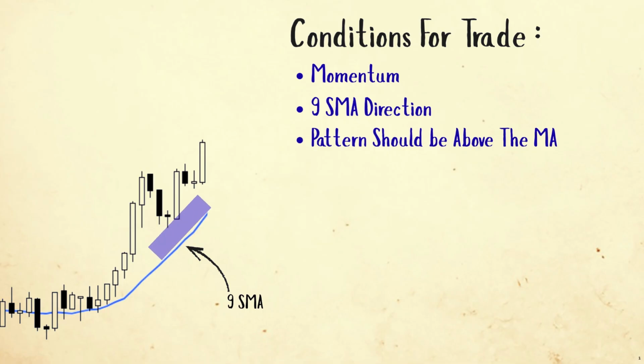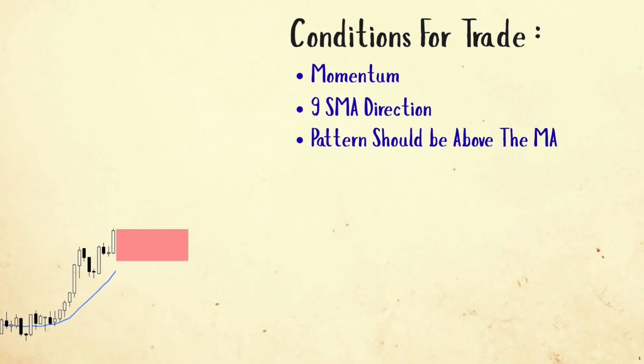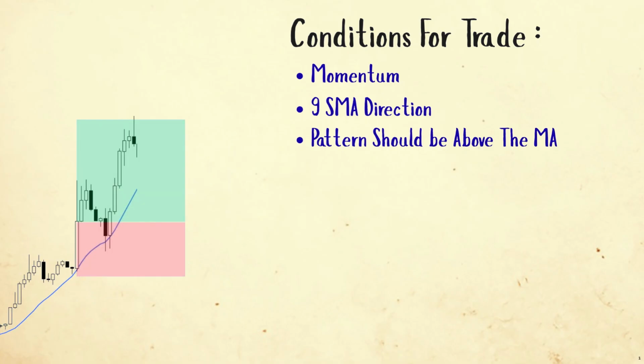If the pattern touches or forms directly on the moving average, it suggests that the setup is weaker and should be avoided. When all of these conditions are met, you can enter the trade as soon as the pattern is completed. Place your stop loss below the pattern's low and target a take profit that is at least twice your stop loss distance. Now, let's look at a few examples.